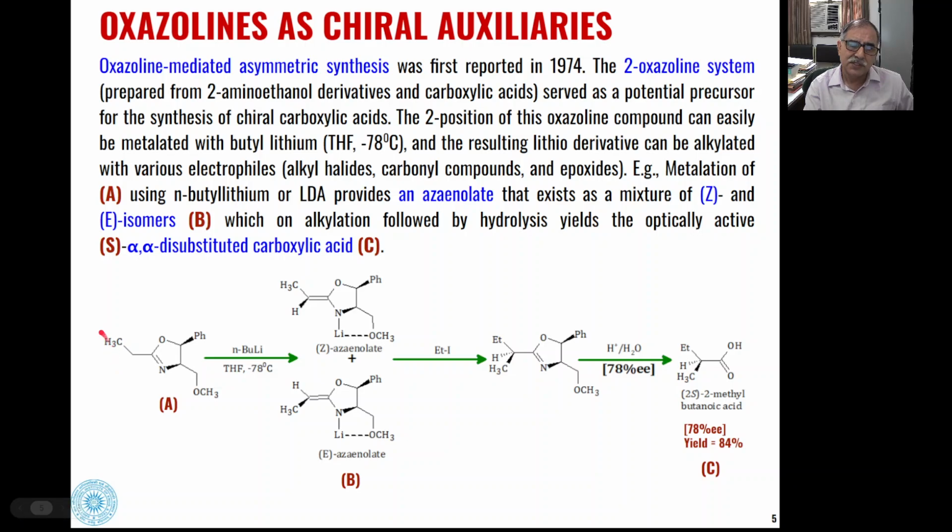So we can see over here that from chiral auxiliary, we can synthesize these types of chiral compounds. And we can see that here the product is formed with 78% enantiomeric excess, and the major product is formed as the 2S product.